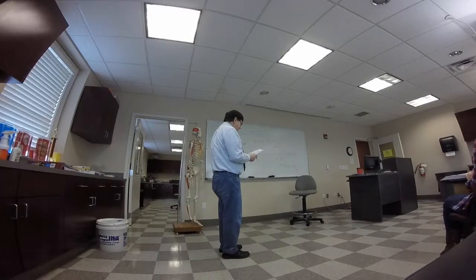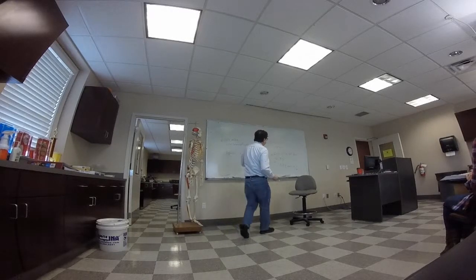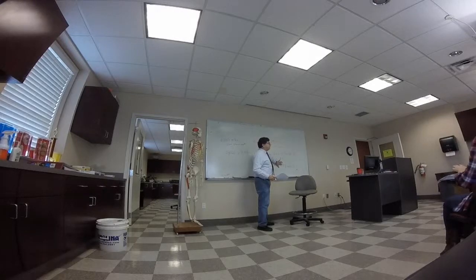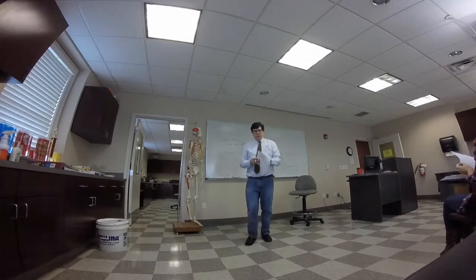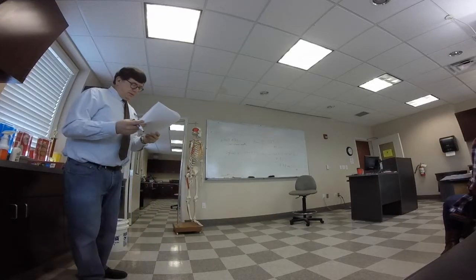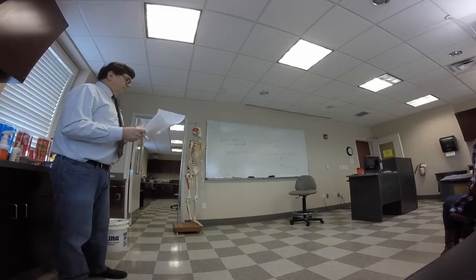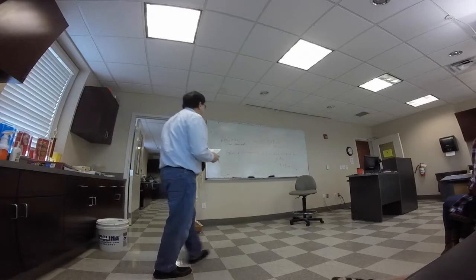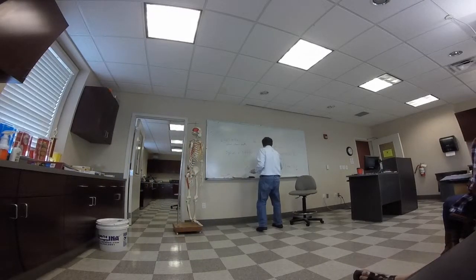And then finally, if you want to get the total oxygen content, you add the amount that's bound to hemoglobin to the amount that's dissolved. And that gives you a number that's close to 15.55. Okay.